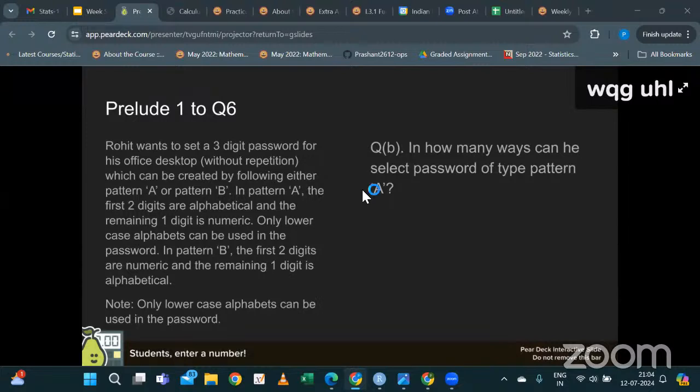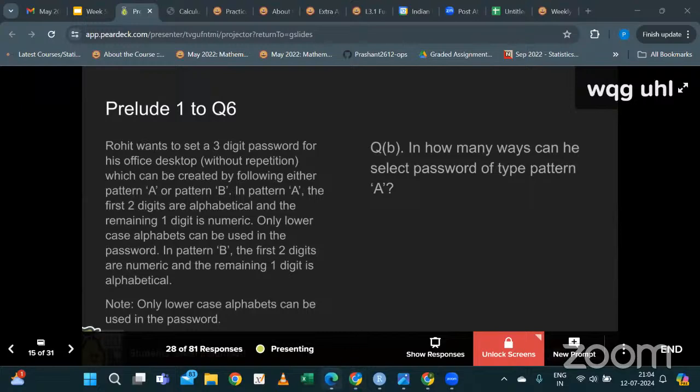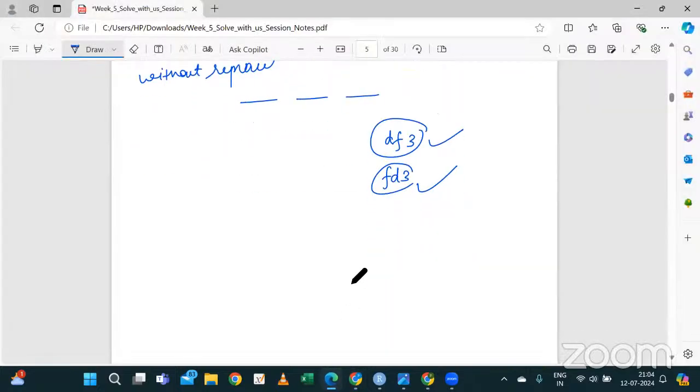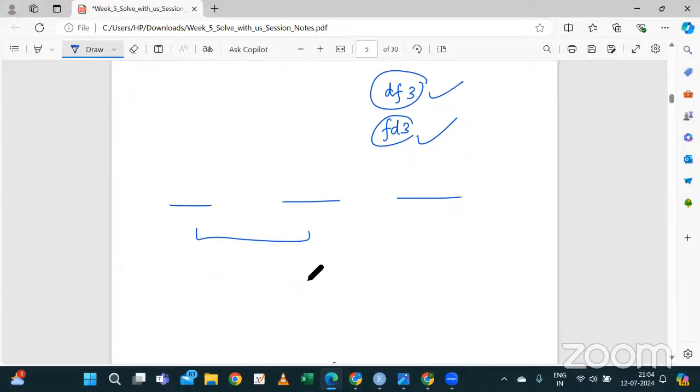This was easy, but you have to be a little careful. It is asking about the number of ways for pattern A. For the first 2 digits, you can use alphabets. What is the total number of alphabets? 26. Since order matters, I will go for permutation, so I can write 26P2.